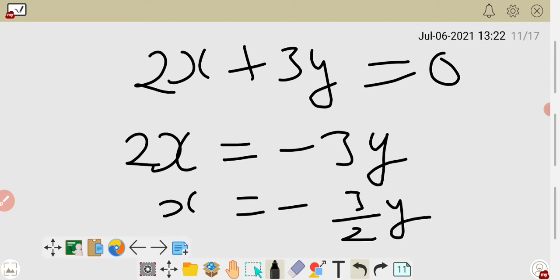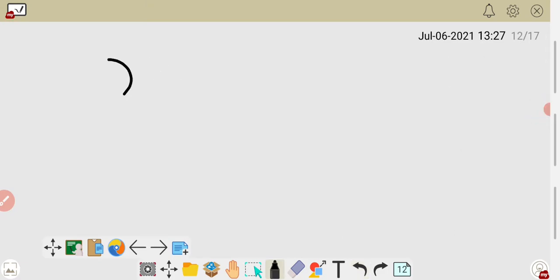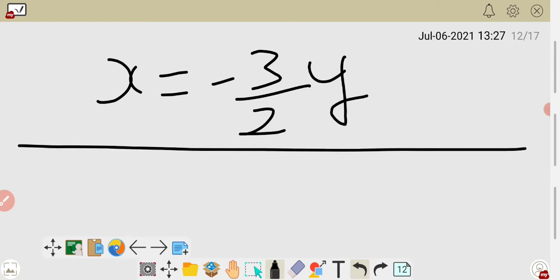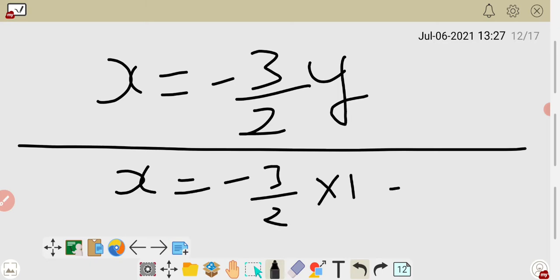So finally you get x is equal to minus 3 by 2 y. So if you put 1 in place of y, what will you get? You get minus 3 by 2.